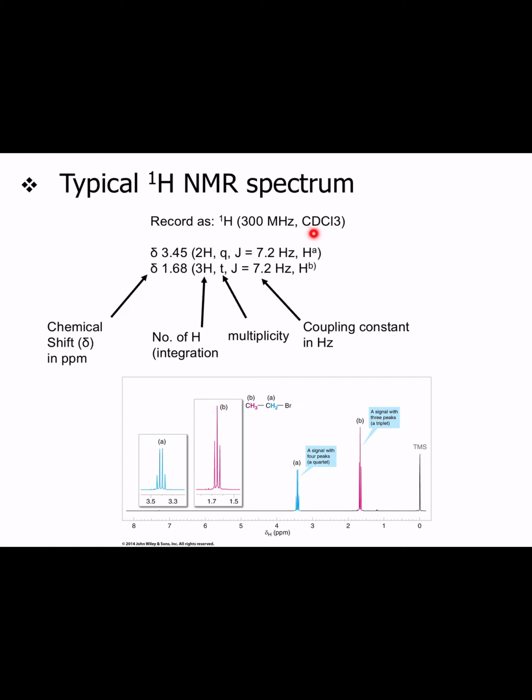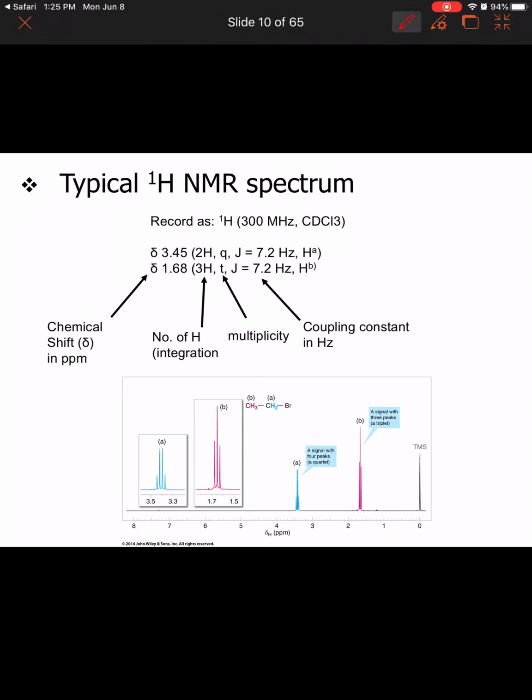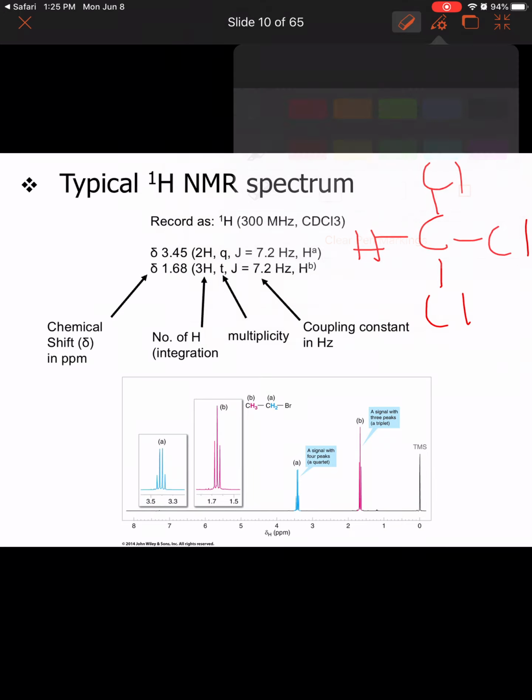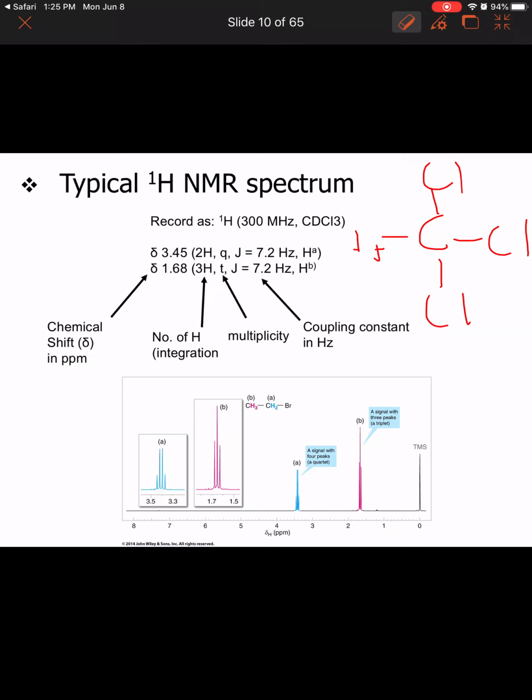So normally we use a solvent that does not have any hydrogens in it. If you have CHCl3, that would be chloroform. So the hydrogen is being replaced. Now the chloroform hydrogen is replaced with deuterium.